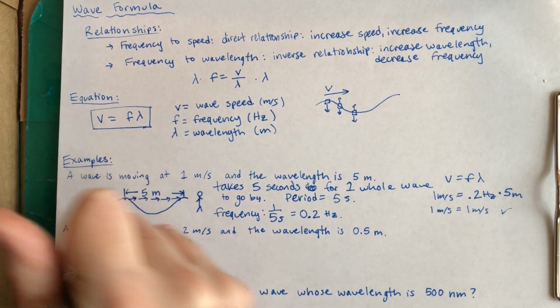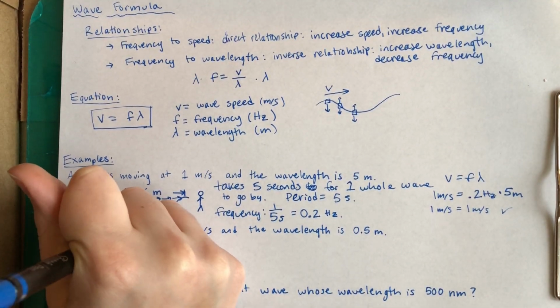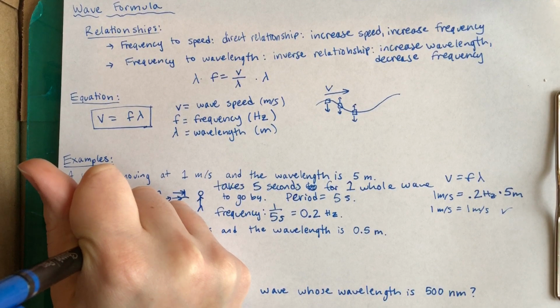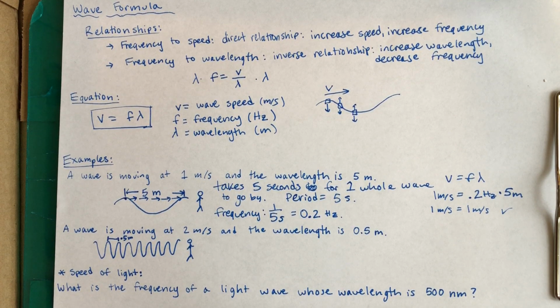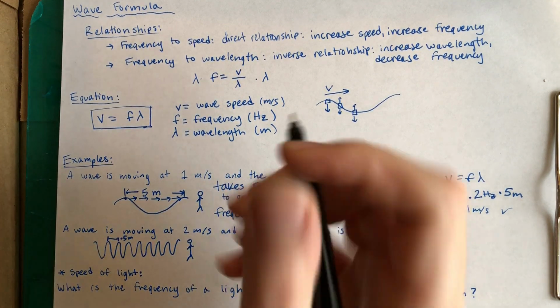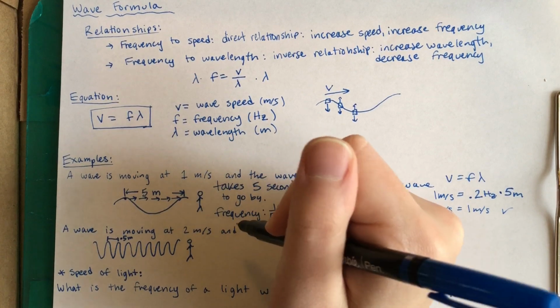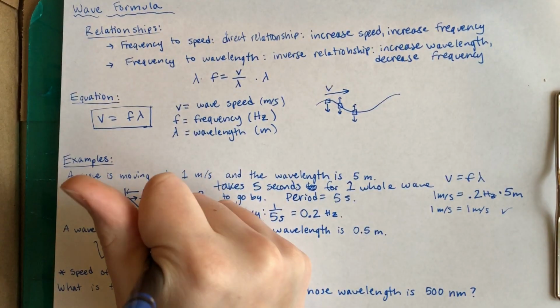From here to here is 0.5 meters, one cycle, meaning from a top to a top is 0.5 meters. And in 1 second, it moves 2 meters.